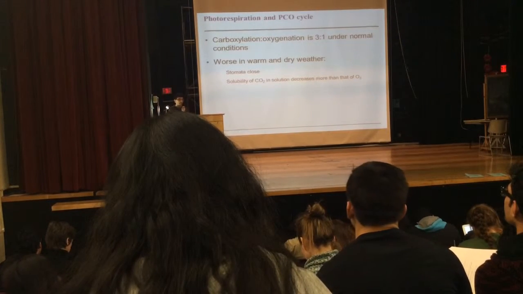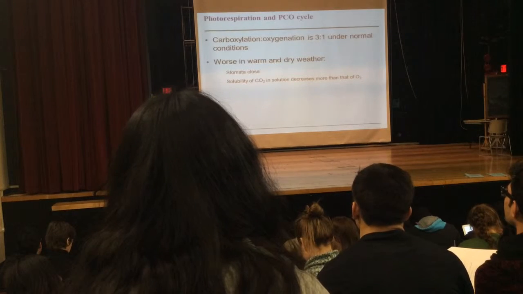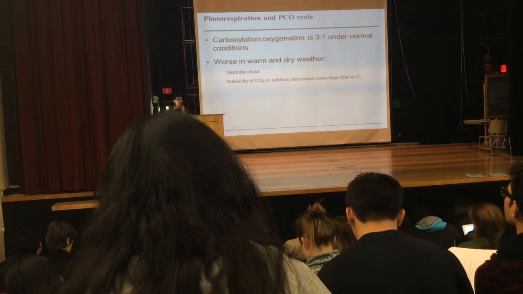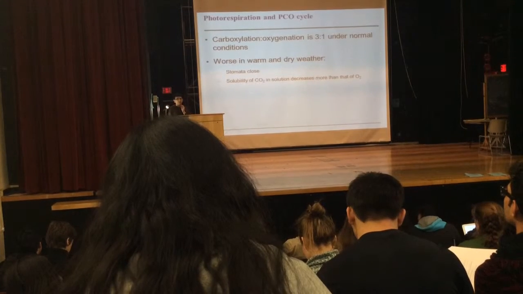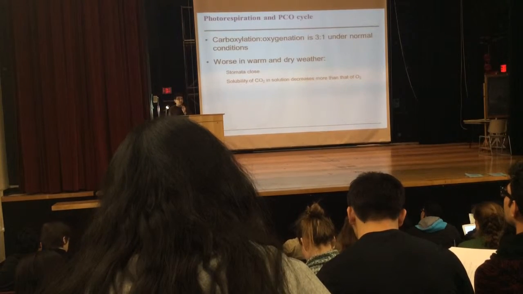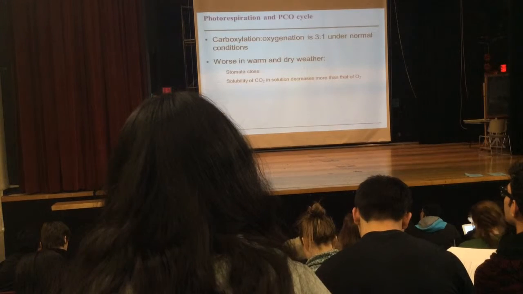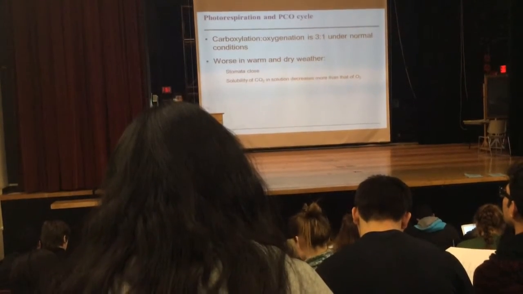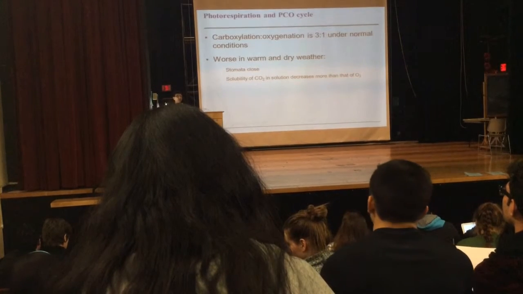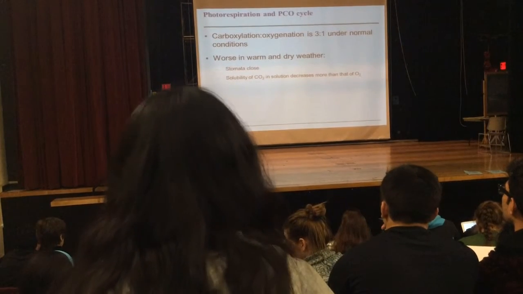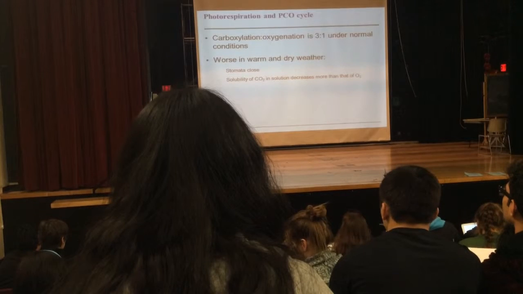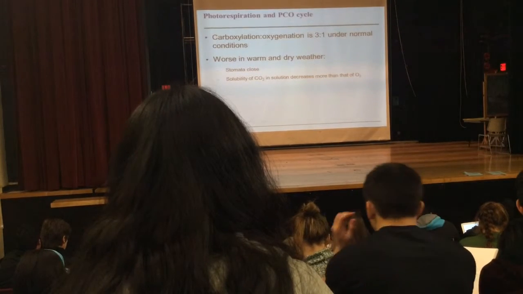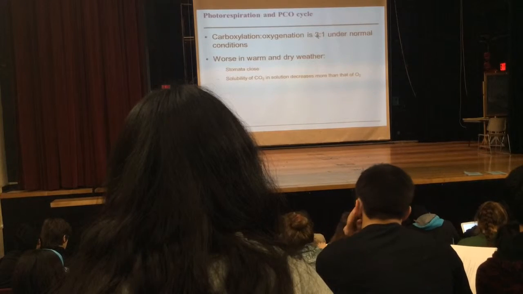The other problem is that plants will close their stomata if they're drying out, which means the Calvin cycle goes on, uses up all of your CO2, and then you have no CO2 left. What is left? Plenty of oxygen in those air spaces in the leaf, 21% oxygen in the air. If you don't have any CO2 left, oxygen will bind. So if it's warm and dry, this ratio keeps going down.